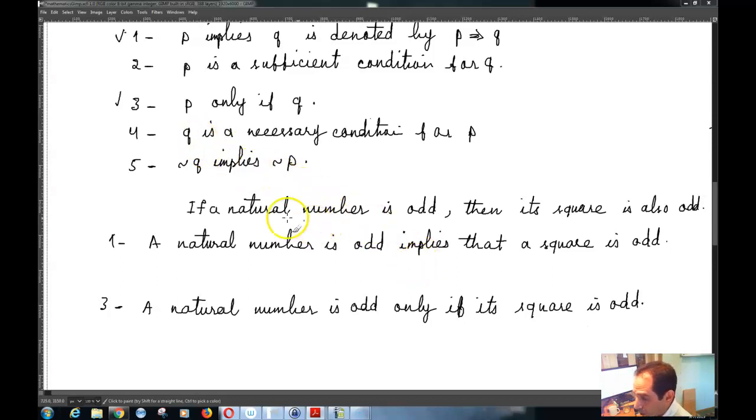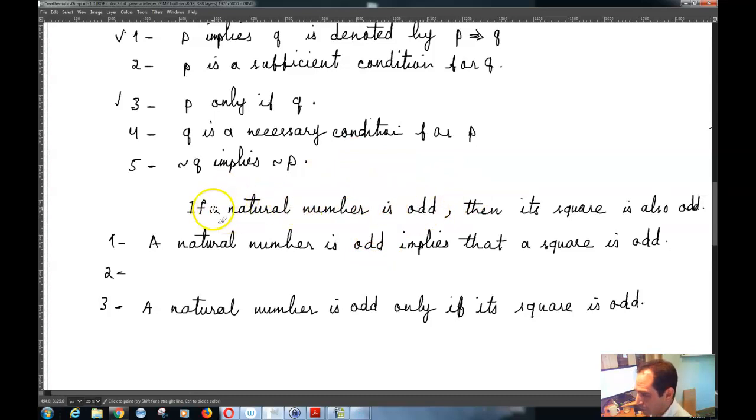Now based on number 2 over here, I can say that P is a sufficient condition for Q, meaning that, over here, this is number 4, for the square of a natural number to be odd.